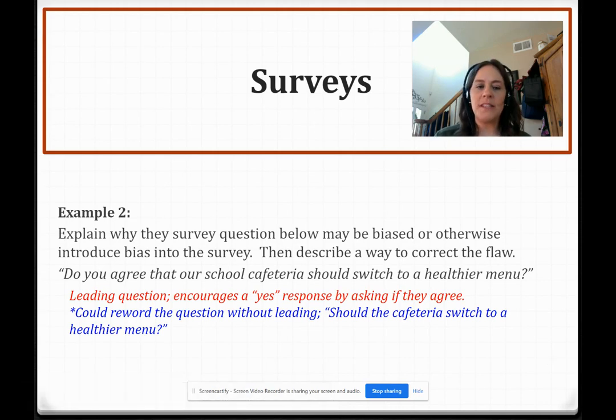There's a difference between simply providing, do you agree or disagree, versus hinting that they should agree is the option that they should go with. It definitely encourages a yes response. I could reword the question without leading as simply, should the cafeteria switch to a healthier menu? Or I could say, do you agree or disagree with the following statement? Okay. All right.